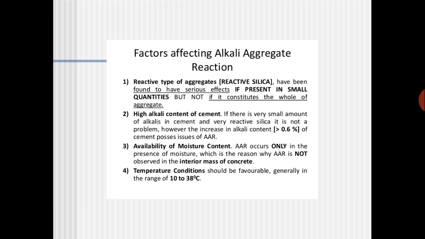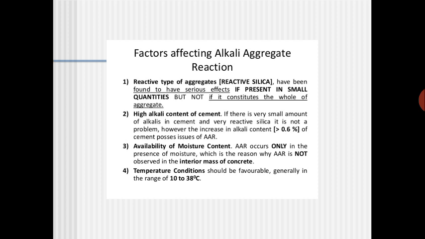If silica is absent and only alkali is there, then there will not be any alkali aggregate reaction, so there will not be any problem of expansion of the cement. It means that a high content of alkali with a low content of silica is not going to cause expansion of the concrete or the formation of the gel.